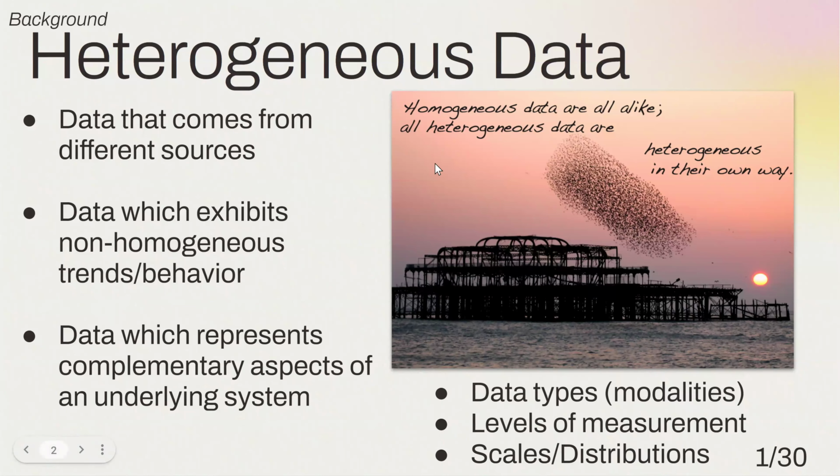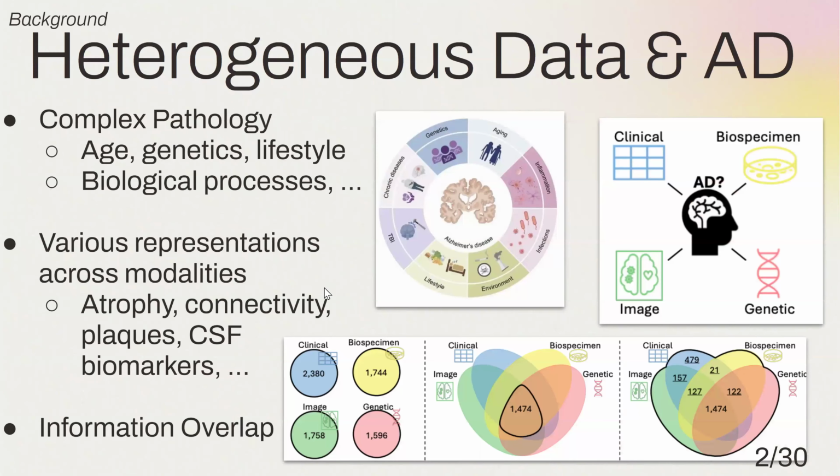And obviously the data that we collect represents some kind of an underlying system. So it's cool to collect this kind of heterogeneous data because maybe it's complementary in nature. That's something that we should consider. When it comes to Alzheimer's disease, obviously there's a complex pathology that goes into that, as we learned from what Armina presented a while ago.